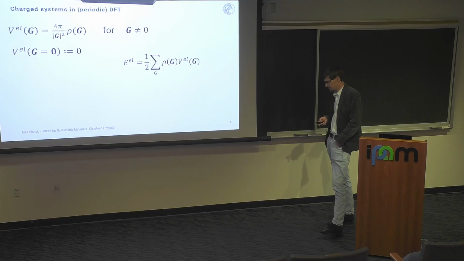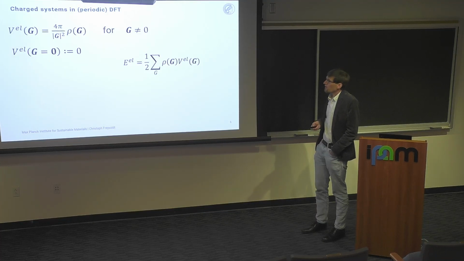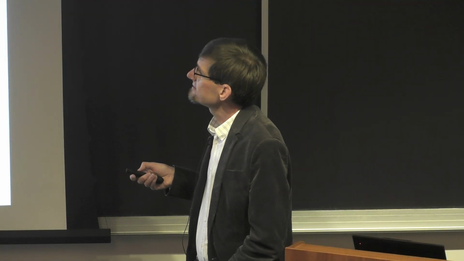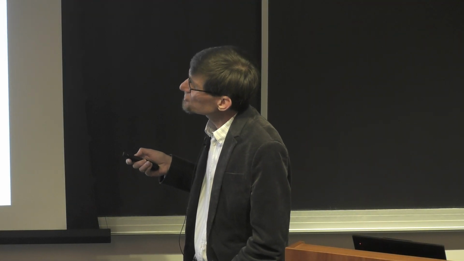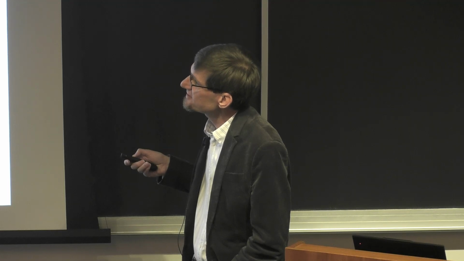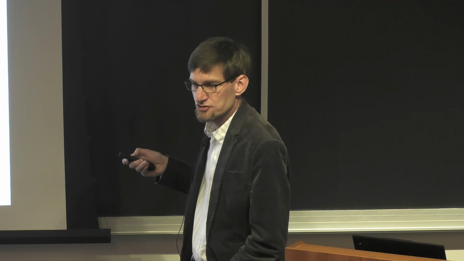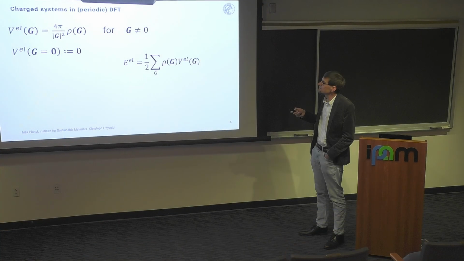That's how we work with it. Now, one way of understanding this, and this is what is often discussed, is that this corresponds more or less to saying that if the charge is non-zero, in order to make it 0, we just add something that compensates the G equals 0 component.